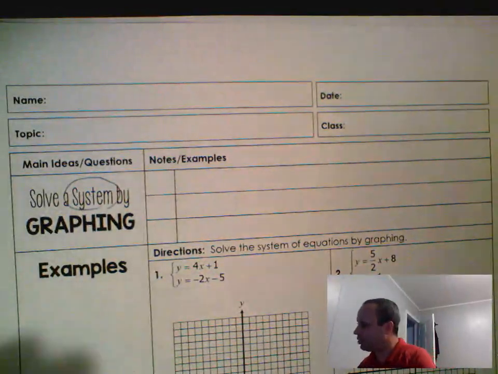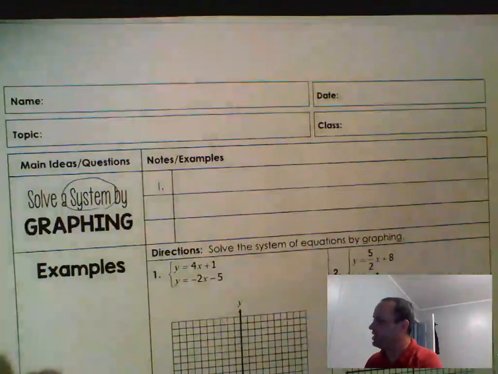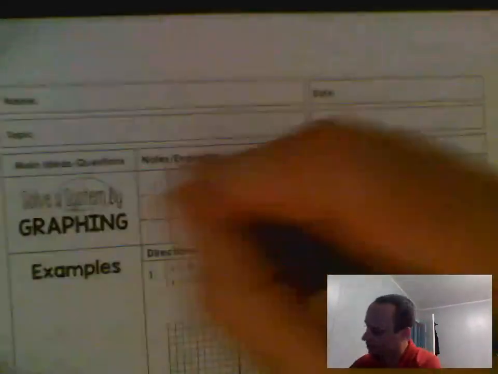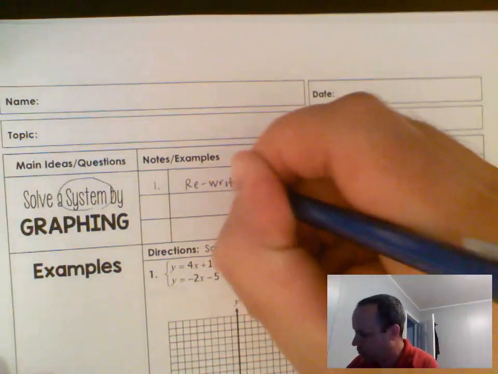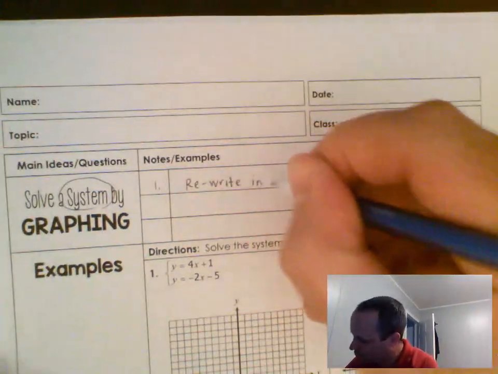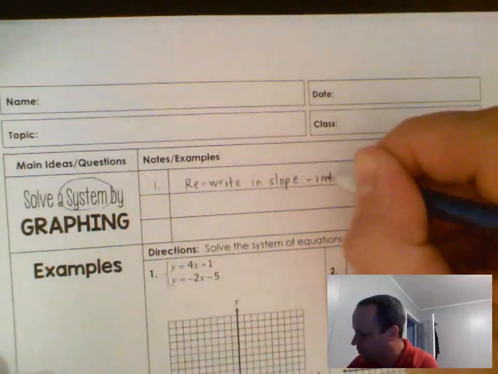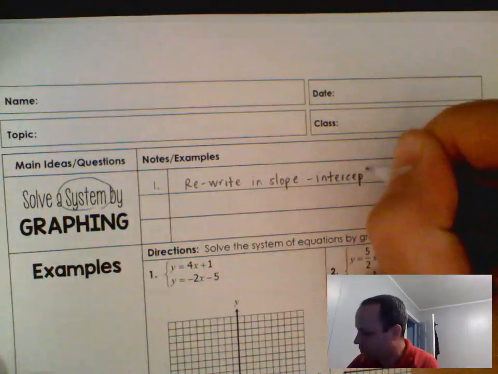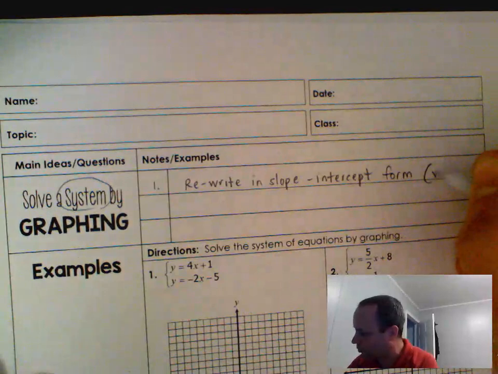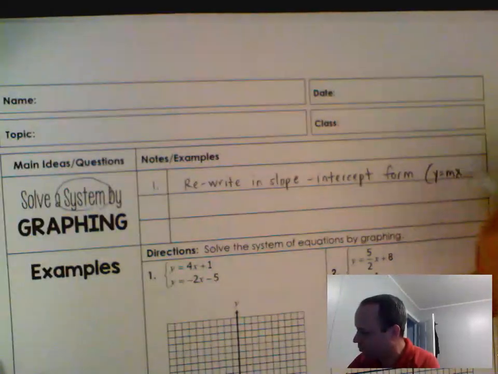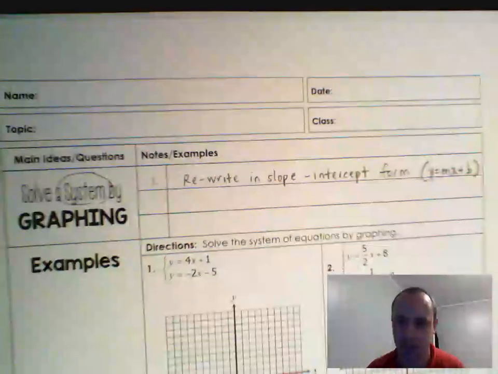And the big things to know here are the first thing you need to do on these is to rewrite each equation in slope-intercept form. So that's y equals mx plus b. Okay.